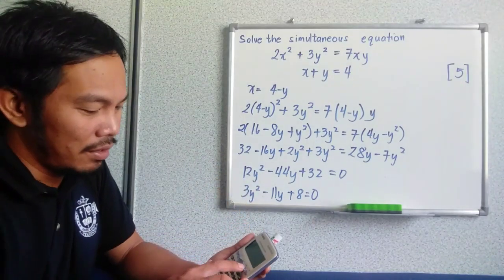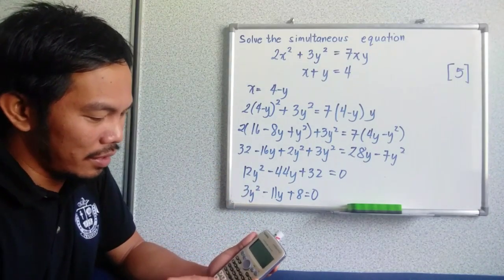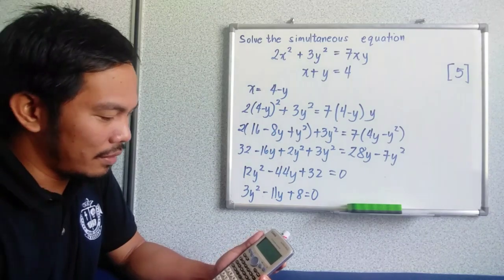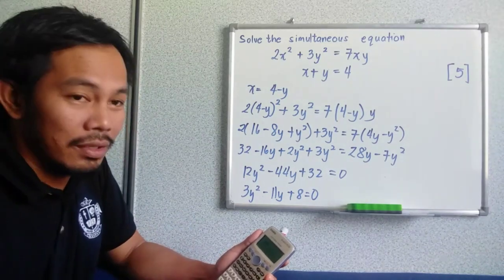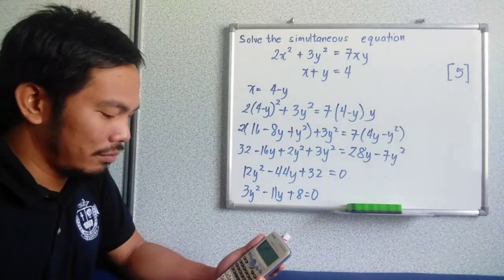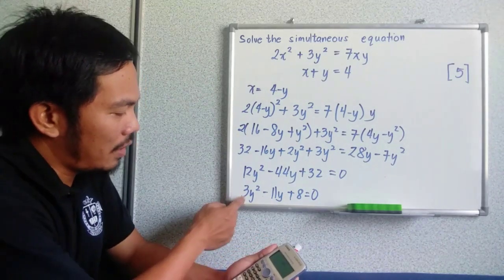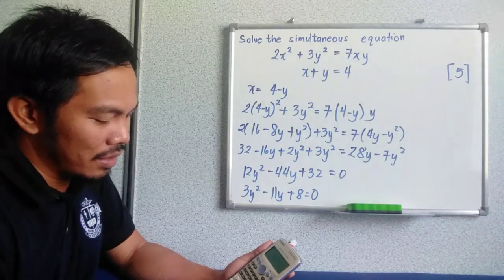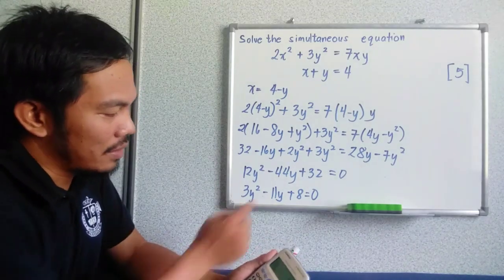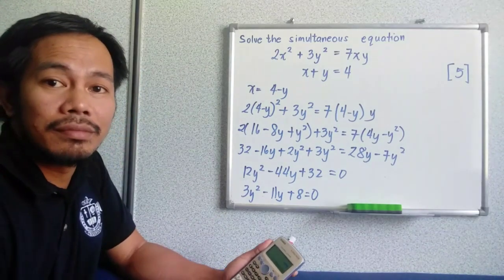So I have mode equation, okay, since the degree is 2, then I'll choose number 3. So a is 3, then b is negative 11, then c is 8.